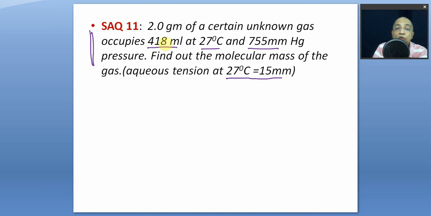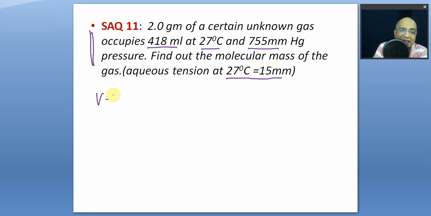Now let me change the question. 2 grams of a certain unknown gas. No, we cannot. Okay, let us do it supposing this is not Victor Meyer's. Let us simply apply the VD concept.